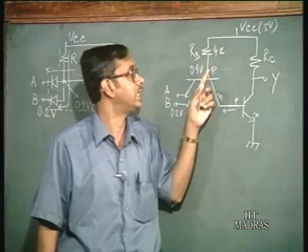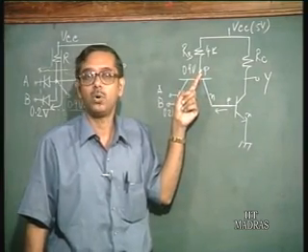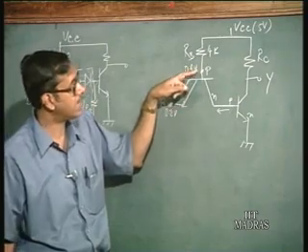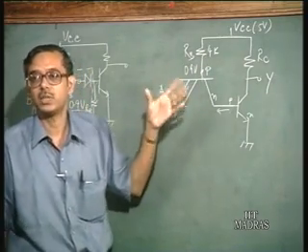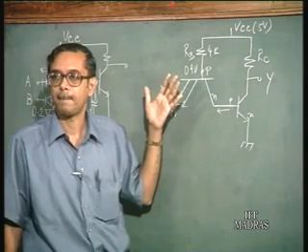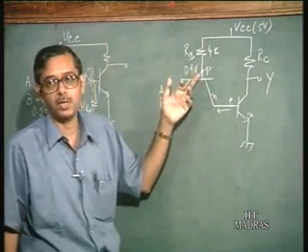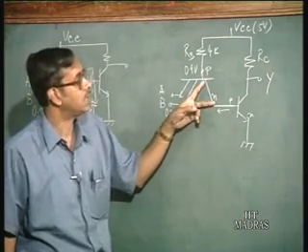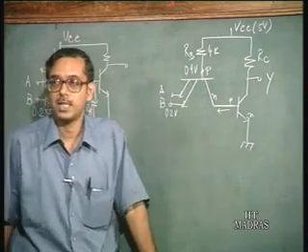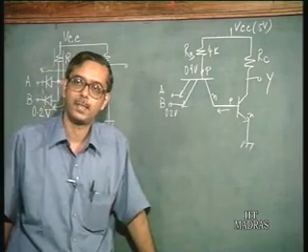So this voltage here, that is the base of this multi-emitter transistor, cannot be more than 1.4 volts or so. Because if it is more than 1.4 volts, it would mean that one of these PN junctions is forward biased by more than 0.7 volts or so, which is not possible.